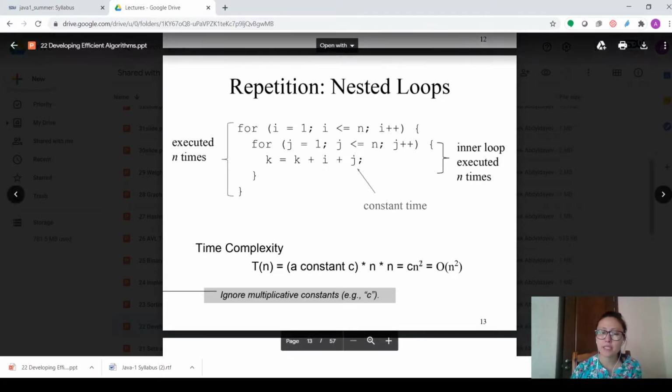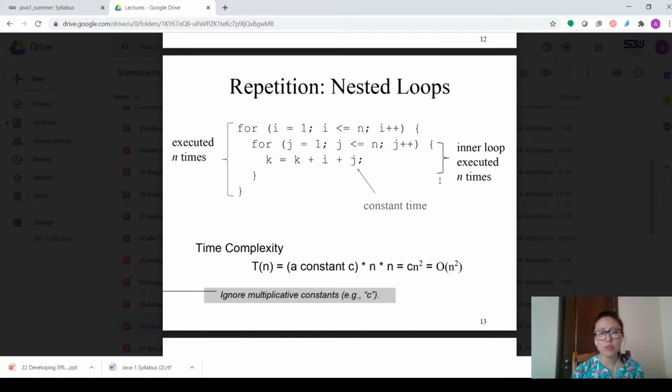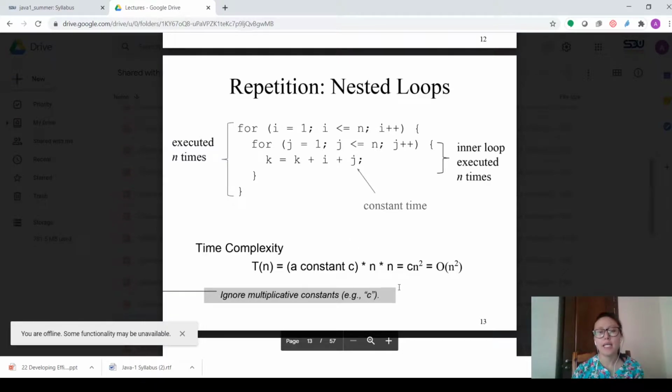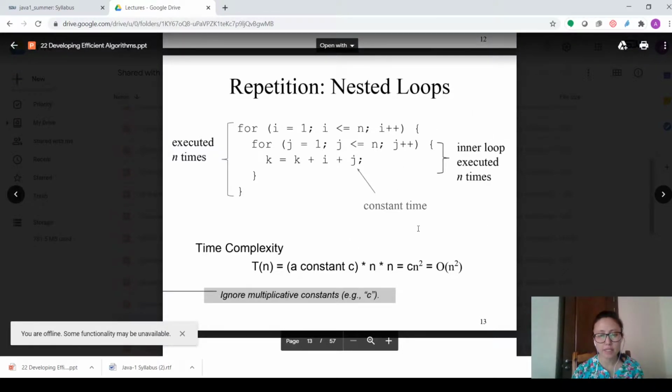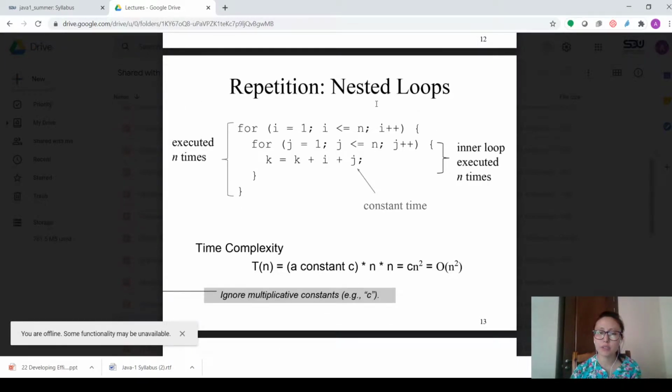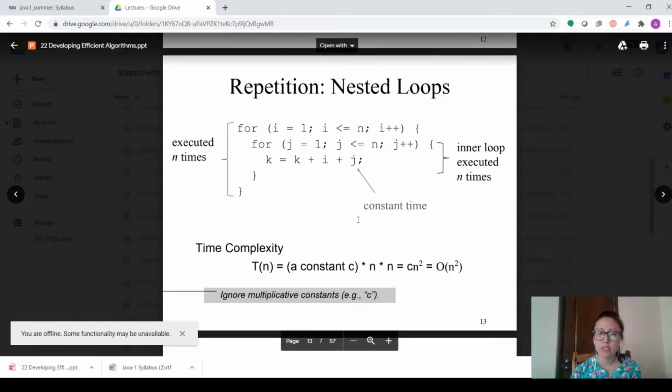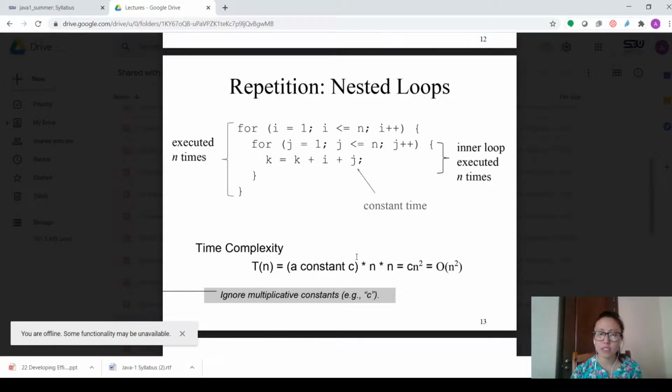It means that to learn the time complexity of this nested loop, we multiply the constant for the inner expression and the second n, which is for the outer expression. Then the time complexity for our algorithm will be constant times n squared, or O(n squared).